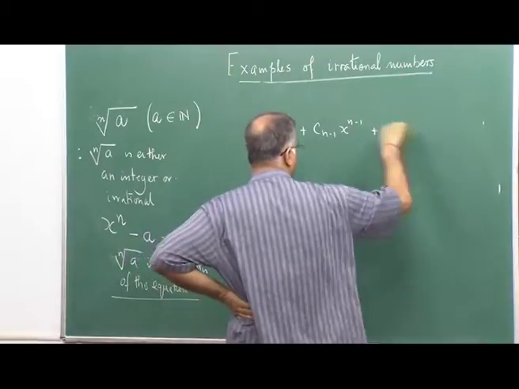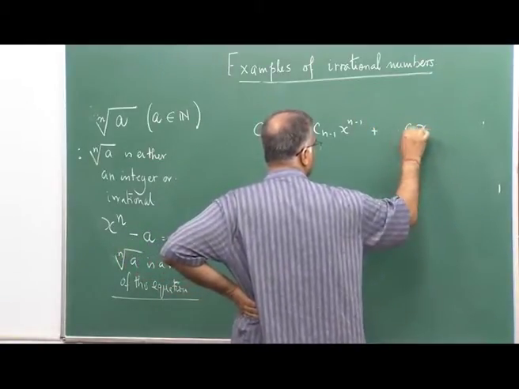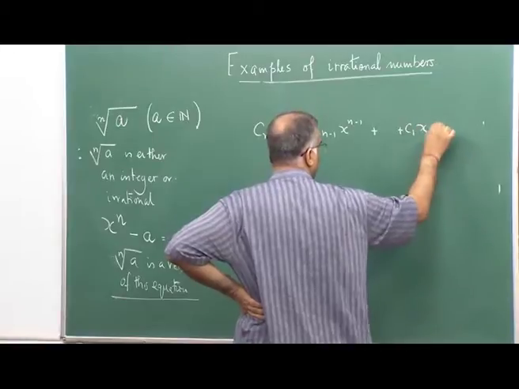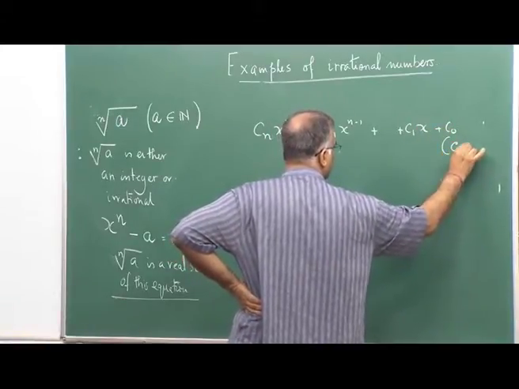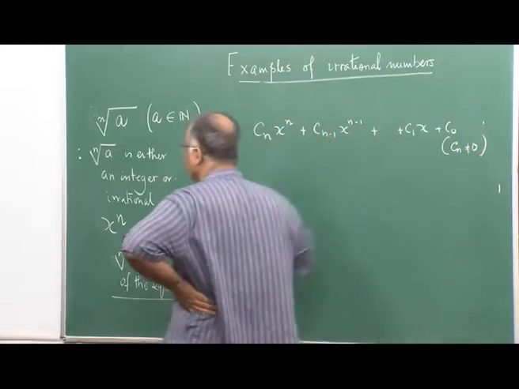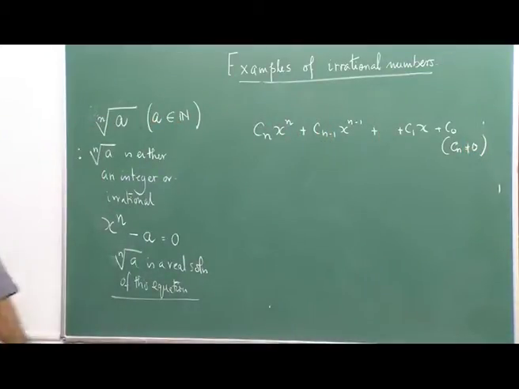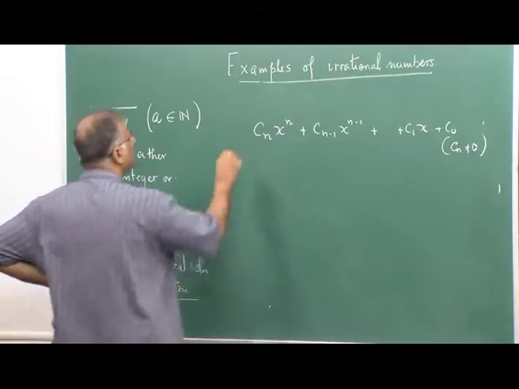The powers progressively go down to C1 x to the power 1 plus C0, and Cn is not equal to 0, because if Cn is 0, then it becomes a polynomial of degree n minus 1. It is a polynomial of degree n.